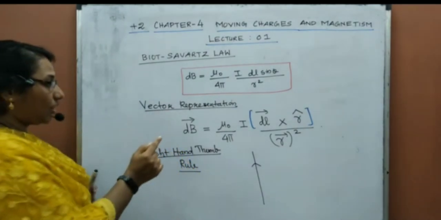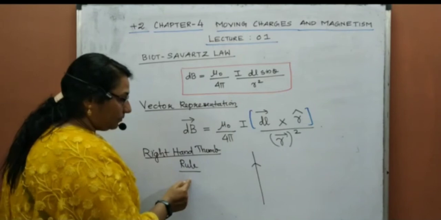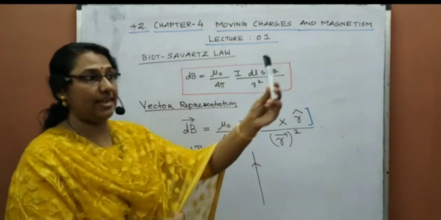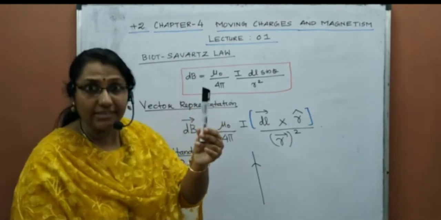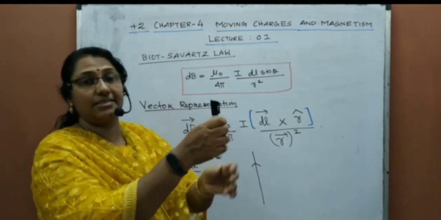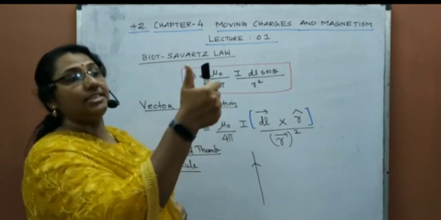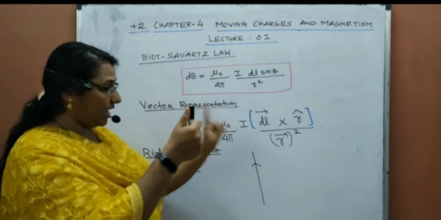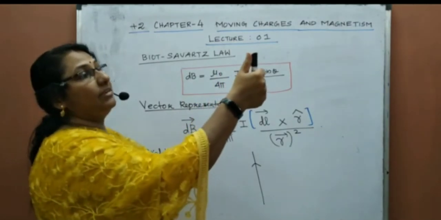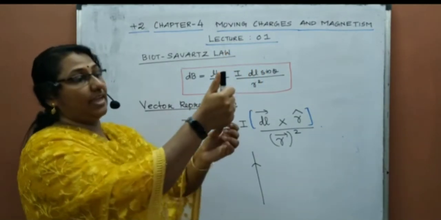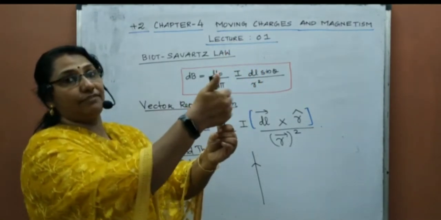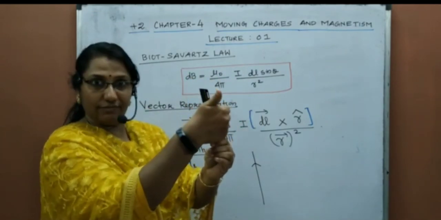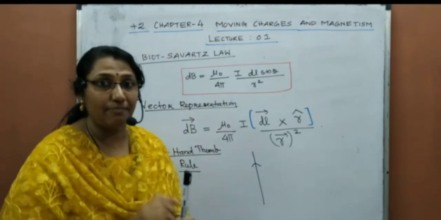According to the right hand thumb rule, if a straight current carrying conductor is placed in my right hand in such a way that the thumb directs towards the direction of current, current is in the upward direction, then the curlings of the fingers will give the direction of magnetic field.